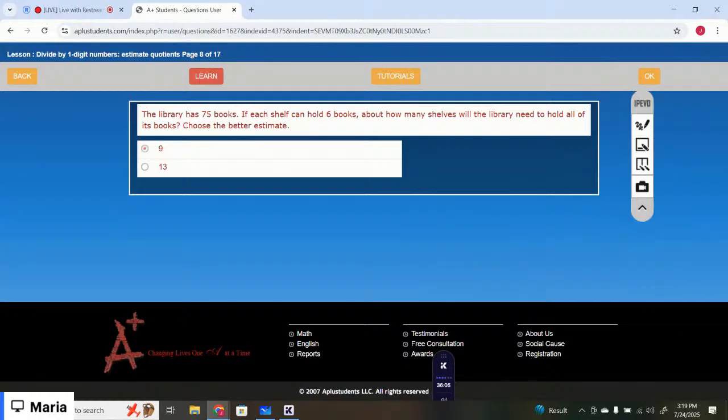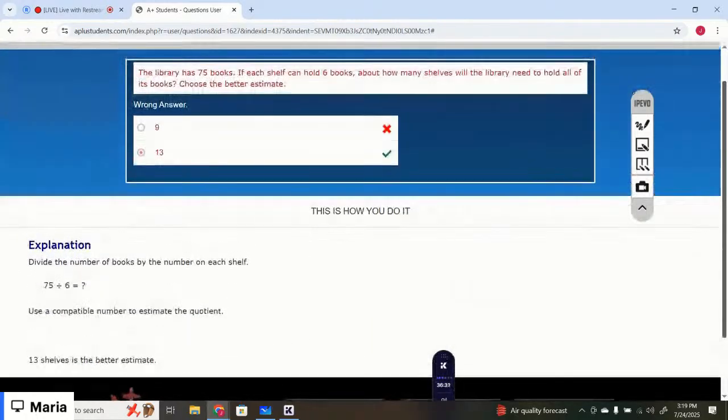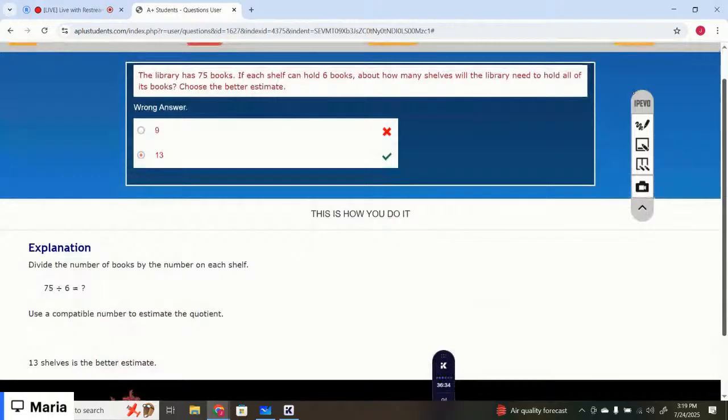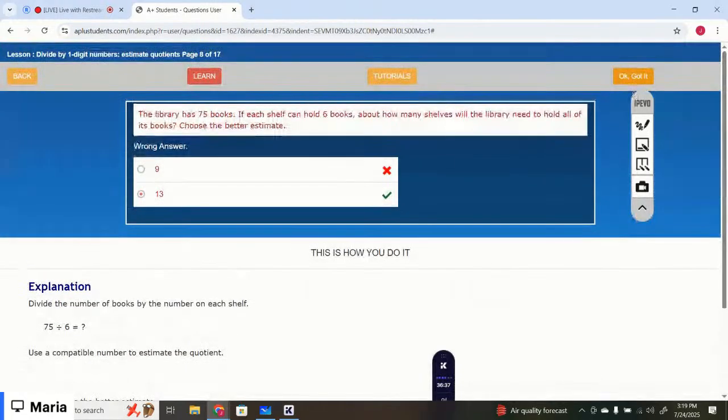That would be 9. Option number 1 is the correct option. Oh, 6 times 7 is not 72. It would be rounded to 78. So that would be 13.